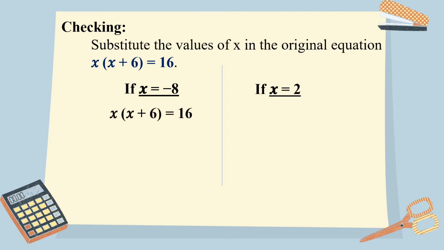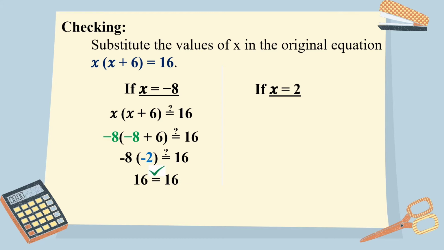So, when we substitute negative 8, we will have negative 8 quantity negative 8 plus 6. Perform the operation inside the parentheses. We will have negative 8 times negative 2, and that is positive 16. Therefore, this is a solution.